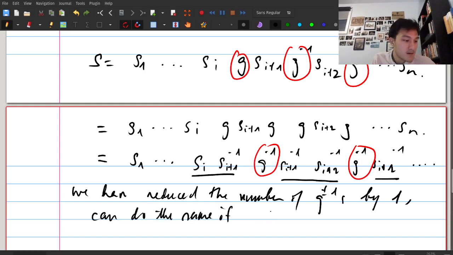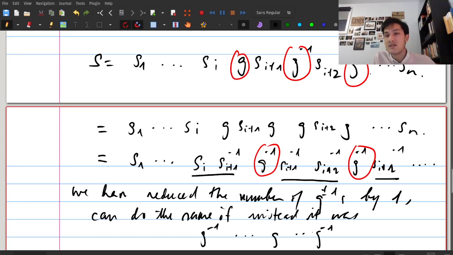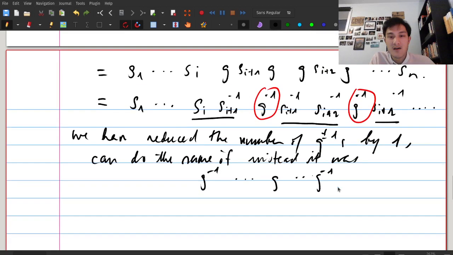We can do the same if instead it was G inverse, G, G inverse. Here it was G inverse, G, but we could do the same thing. I don't want to repeat it. And also we have 2 adjacent G's with the same exponent, so we can do the previous step again.